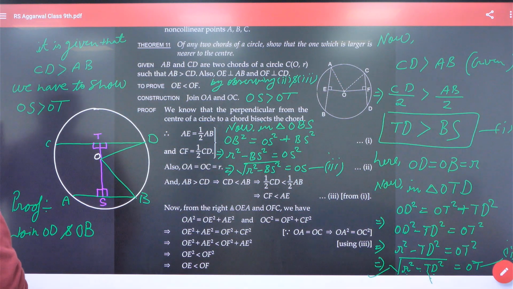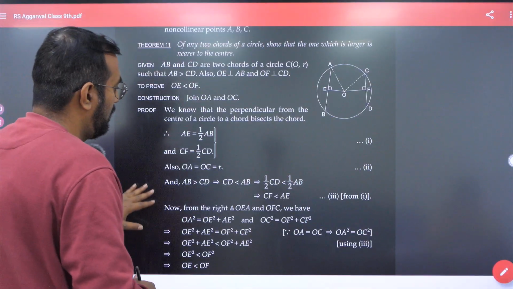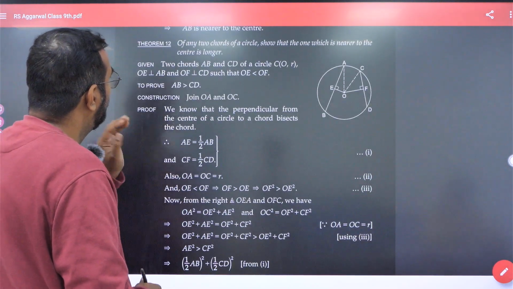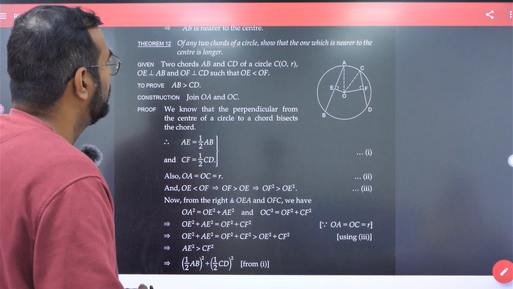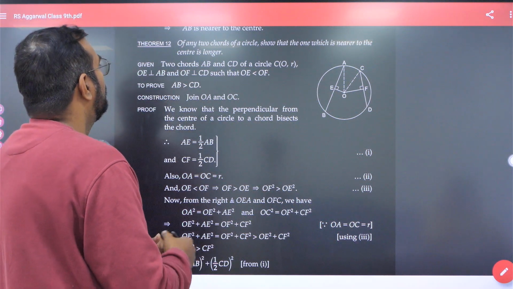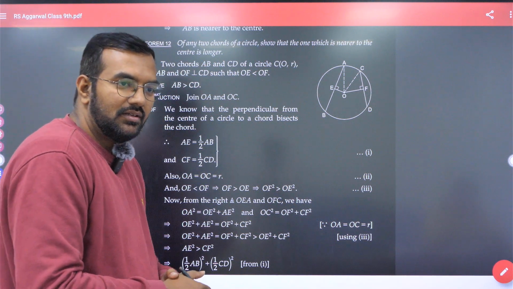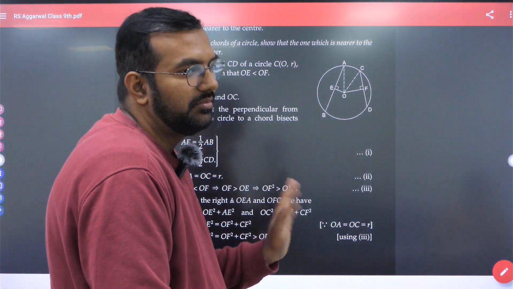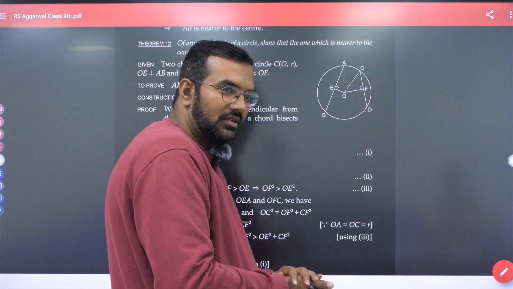So let's move to the next. Theorem 12. Of any two chords of a circle, the one which is nearer to the center is longer. Same one. Yes, sir, same one. And you can prove it similarly, as you proved the last one.